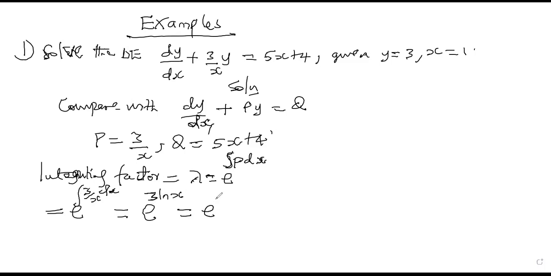So it is e to the power ln x cubed. E and ln will cancel, and we shall have our integrating factor as x cubed. Good. It is that x cubed that we multiply through this equation, so that our equation becomes exact.